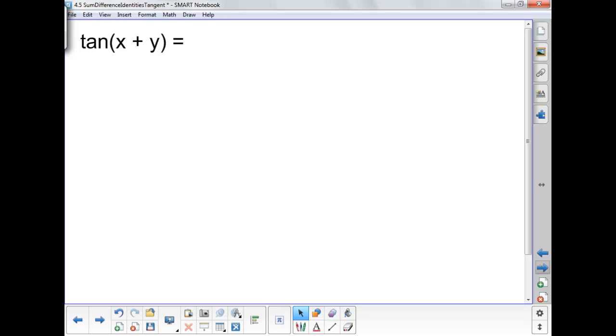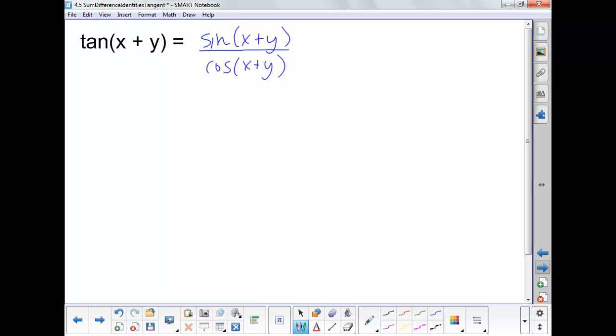We're going to start with tangent of x plus y. Given what we talked about the last couple days, we actually have identities that can be used both top and bottom here. The sum identity for sine of x plus y is sine of x cos of y plus cos of x times sine of y.